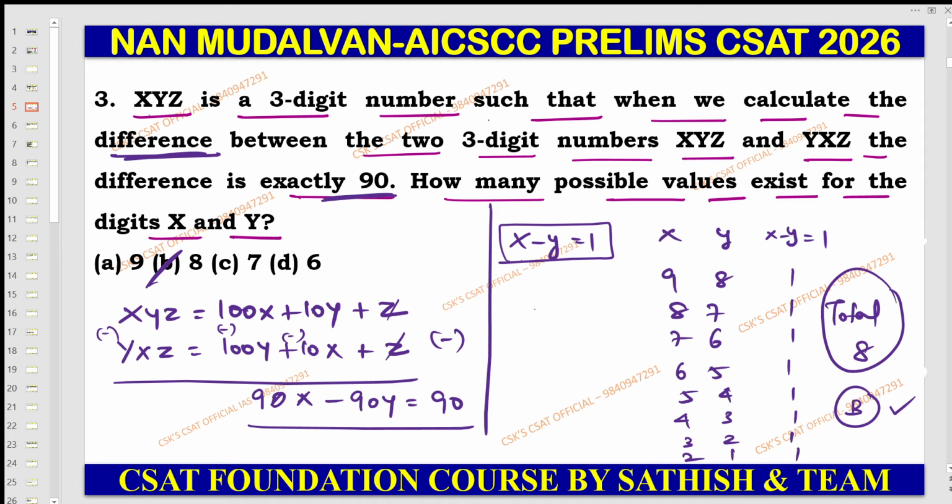Suppose you place 9 here and 8 here, because it is x, y, z, even if you change this, it still remains a 3-digit number. Suppose you place 1, 0 and some z, there is no problem. But when you change it to the y x z format, what would happen? It will become a 2-digit number.